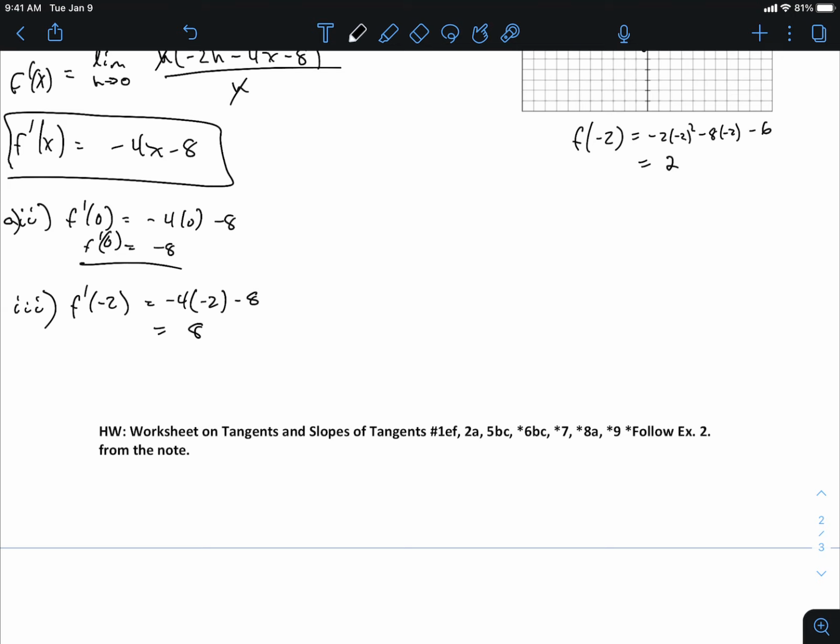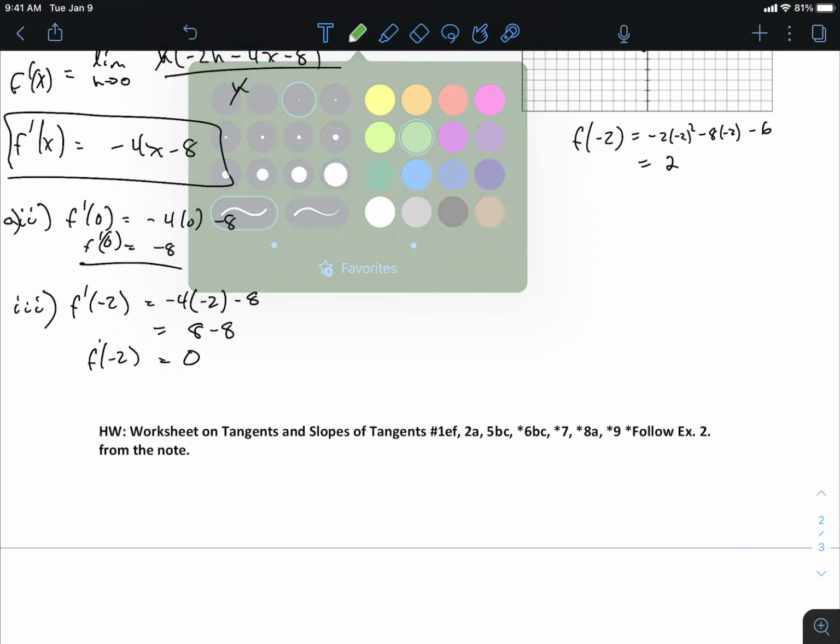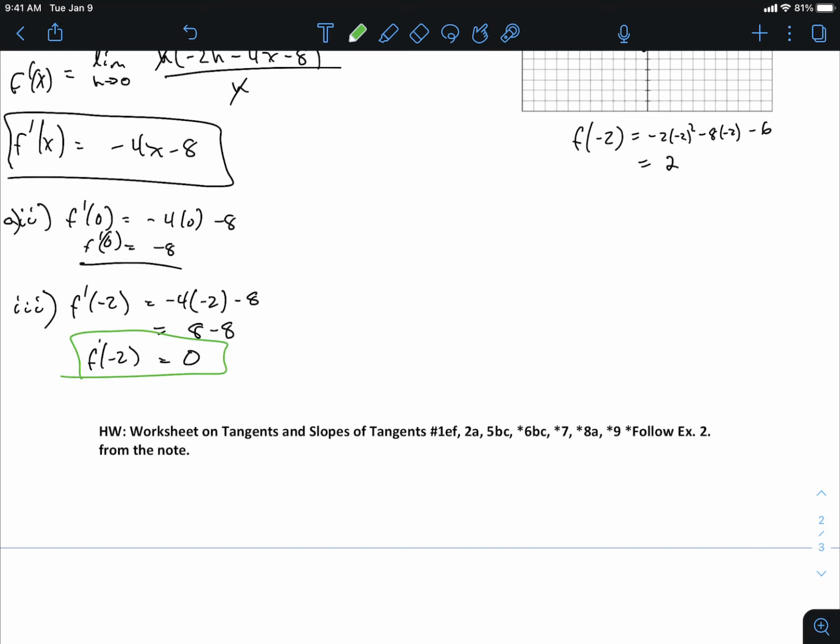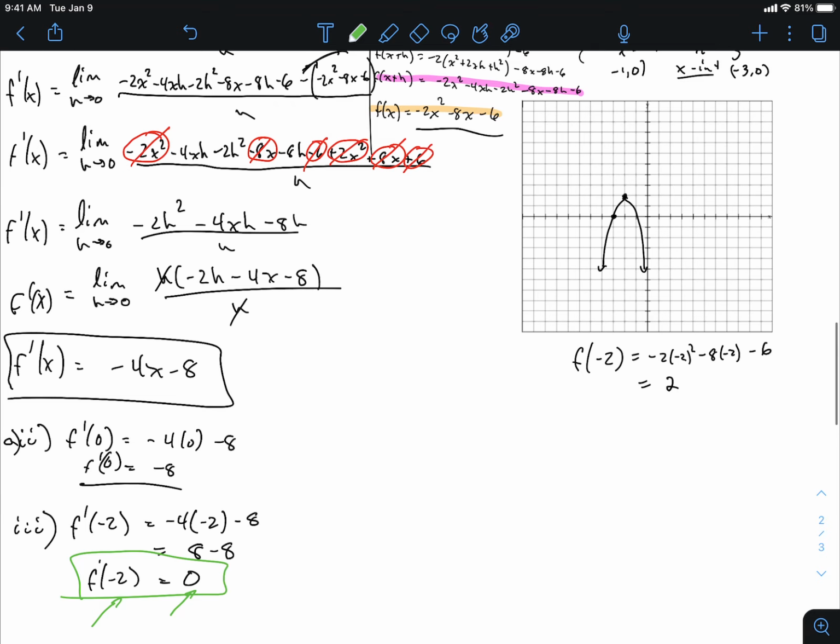Well, that's equal to 8 minus 8, which is 0. What does this mean? Let's go visit these things. When x is negative 2, the slope is 0. Does that make sense? Oh, of course it does.